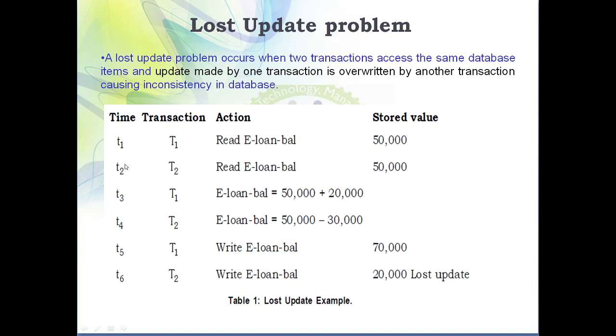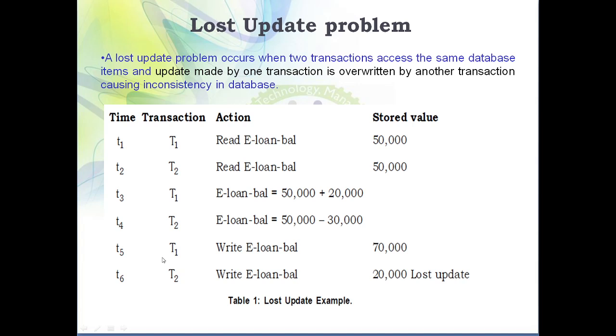Then at time T2, transaction T2 also reads the initial value of the loan, that is 50,000. Then at time T3, transaction T1 performs a deposit operation where 20,000 is added to 50,000, and at time T4, T2 performs a withdrawal operation over this E-loan account. So 30,000 is to be deducted from this 50,000.